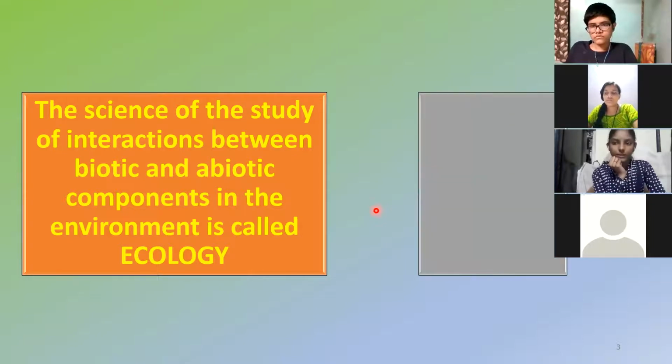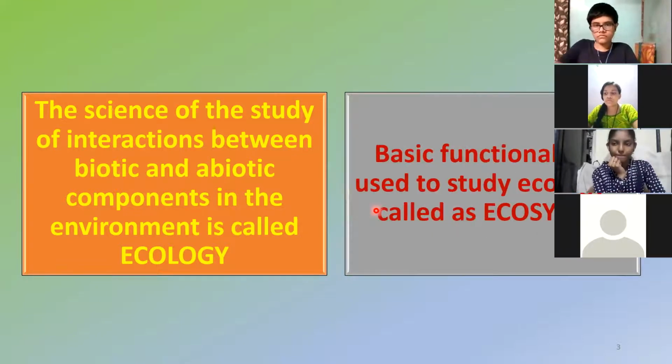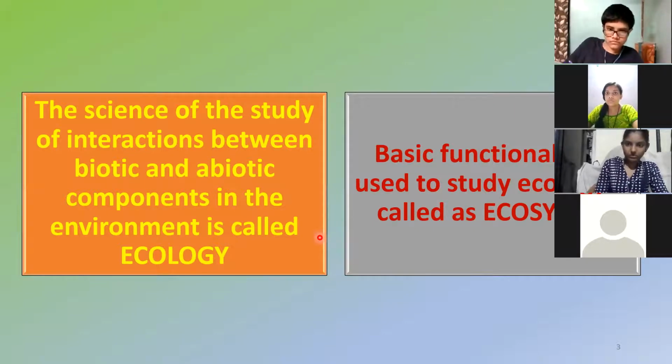Under ecology, you study something called an ecosystem. Any one part of an environment that you study as one complete, independent unit, like one forest is a completely independent forest, such a unit we call an ecosystem.